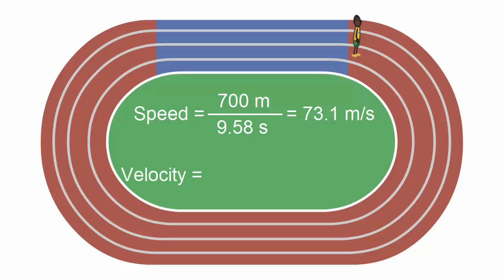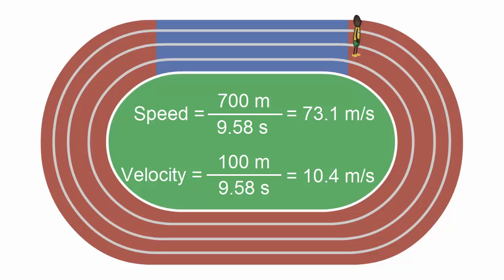However, for velocity, his displacement, which is the difference between the start and the end point, is only 100 meters to the right. So his velocity is only 10.4 meters per second. So in this case, his speed is 7 times greater than his velocity in magnitude.